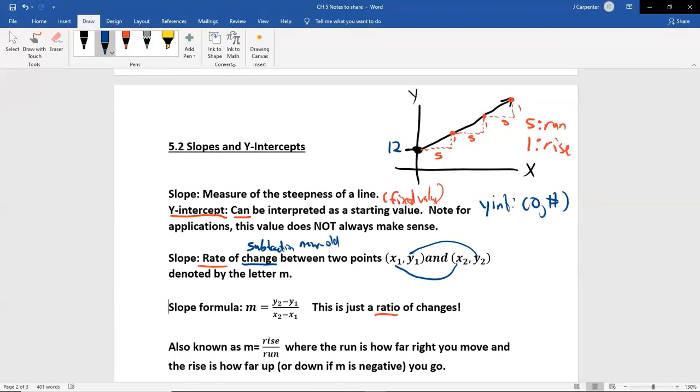Why 0 comma something? Because anywhere along this y-axis, you're not moving left or right, so your x value is 0. This point right here would be 0 comma 12 because you go left or right 0 and up 12. Up here, maybe this is a height of 20, that would be 0 comma 20. Maybe down here, this is a height of negative 5 million, that would be 0 comma negative 5 million.